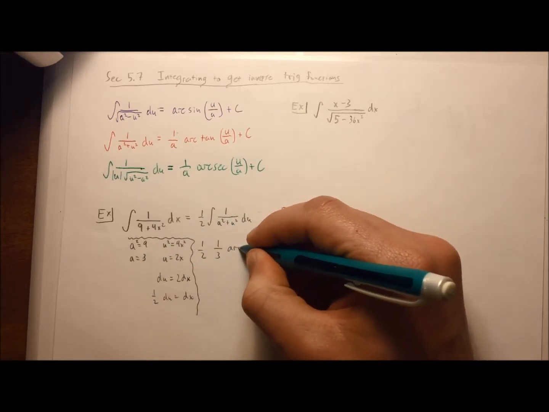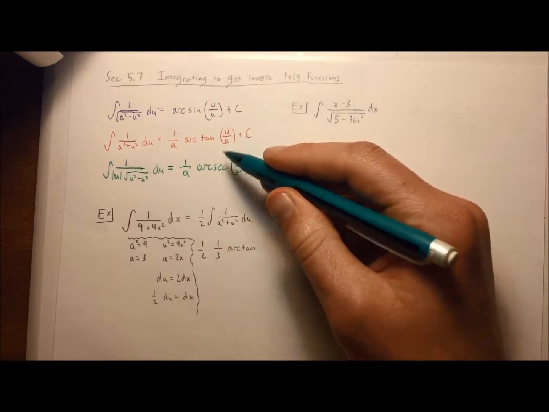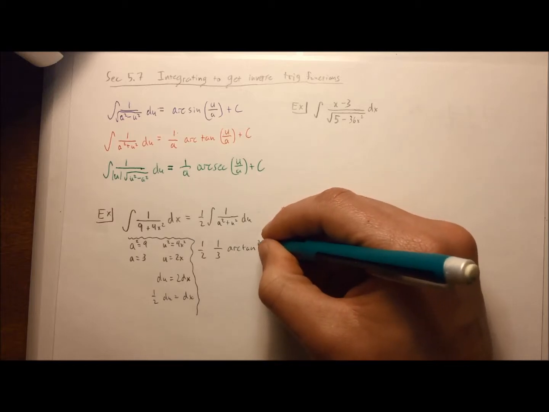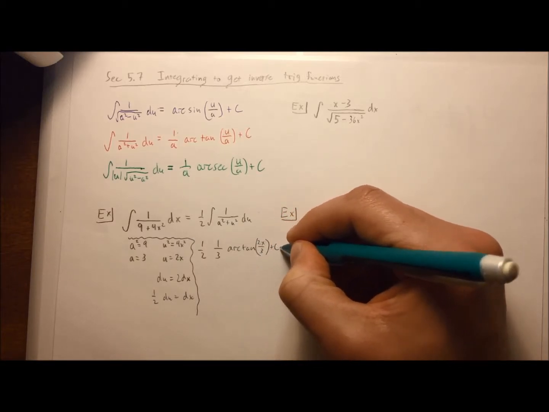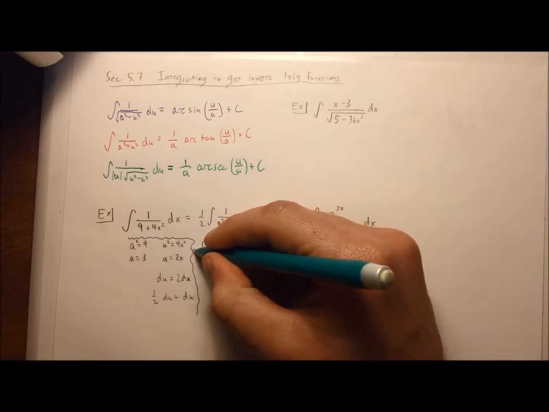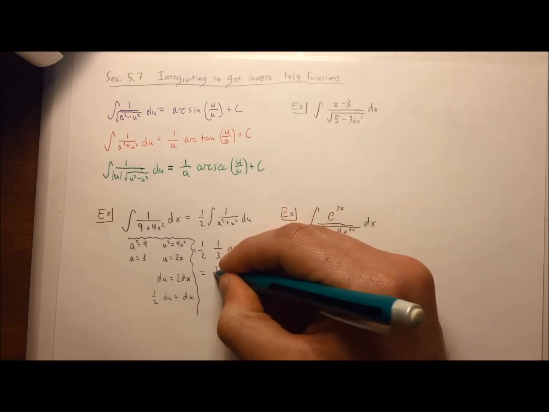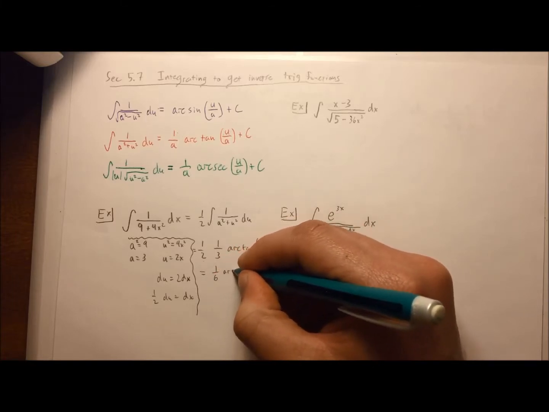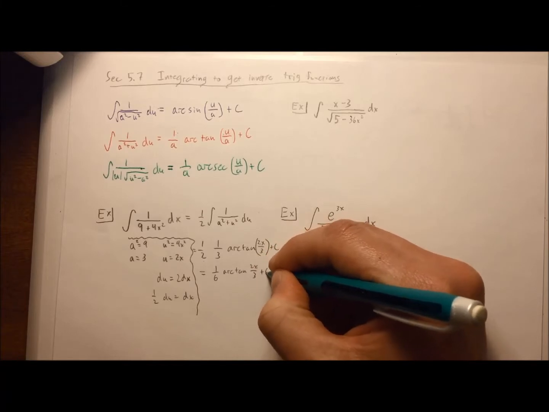And then we'll have the arctangent of u over a, which is 2x over 3, plus c. Simplifying, this would give us 1/6 arctangent 2x over 3 plus c.